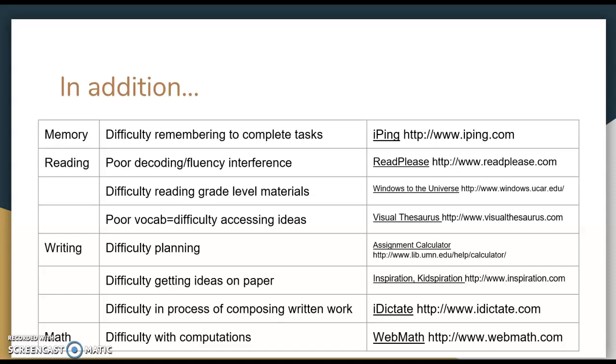Difficulty reading grade level materials, Windows to the Universe. Poor vocab that leads into difficulty accessing ideas, a visual thesaurus. For writing, if you have difficulty planning, you can use an assignment calculator. Difficulty getting ideas on paper, Inspiration, Kidspiration, and difficulty in the process of composing written work, iDictate. And then for math, if you have difficulty with computations, there's webmath.com.